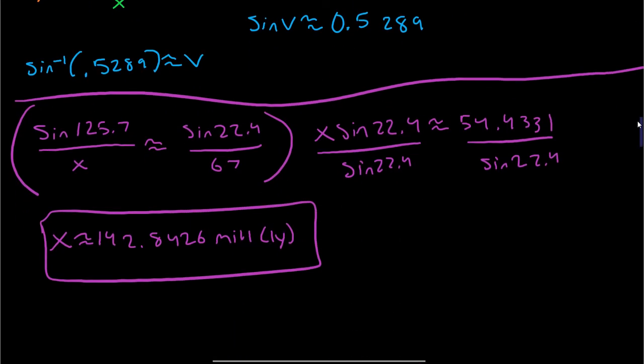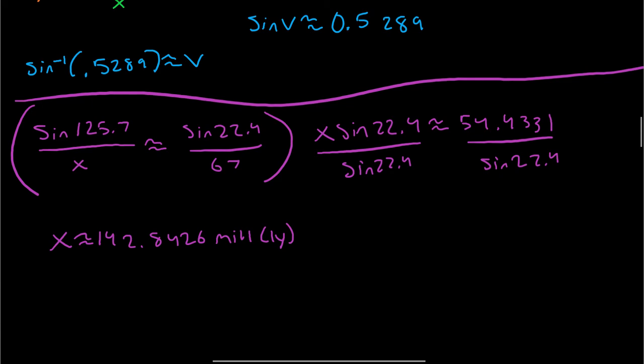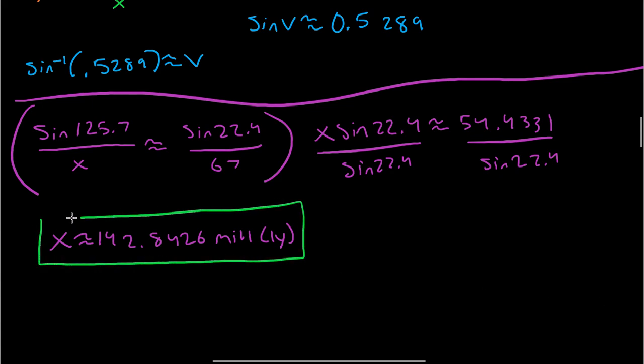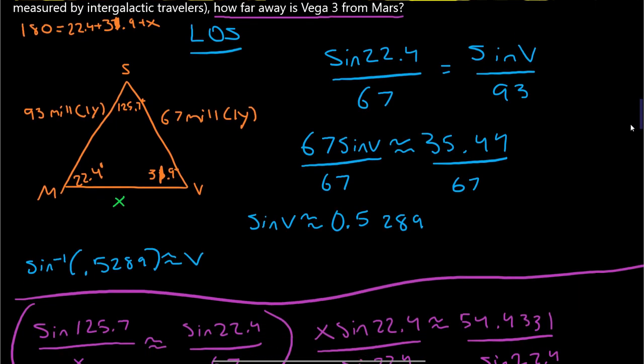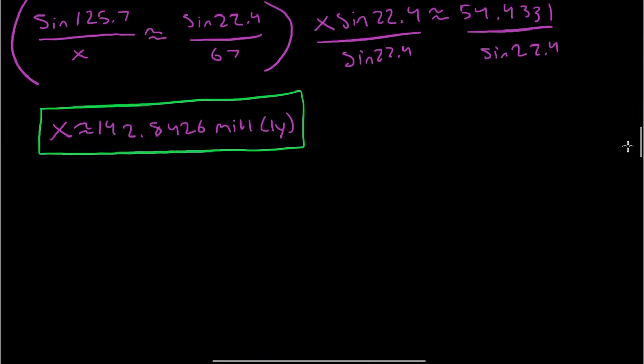Nope, we do not have to round it actually. Sorry about that. This is going to be our answer, roughly. How far away is Vega 3 from Mars? It is 142.8426 million light years, and that is our final answer. Thank you guys for tuning in.